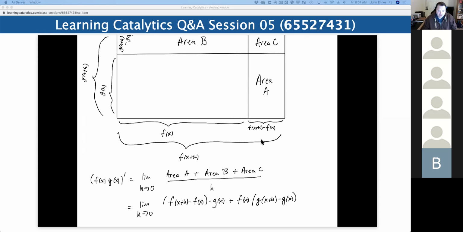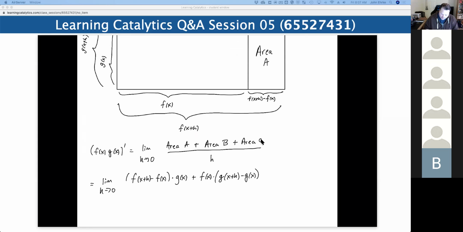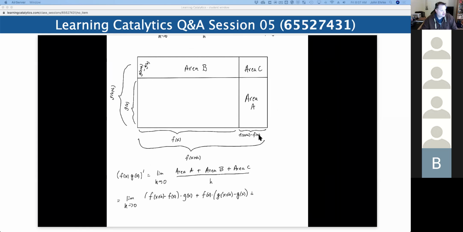And then finally, the area of C, it's this little corner piece here. So it is f of x plus h minus f of x by g of x plus h minus g of x.